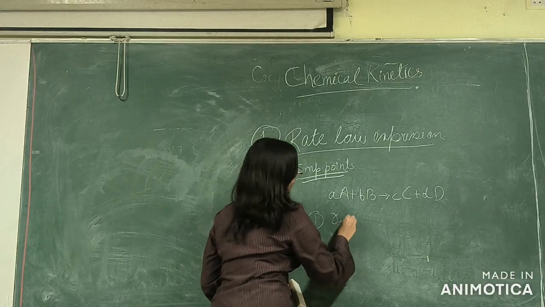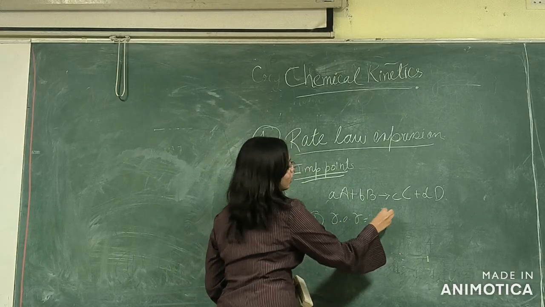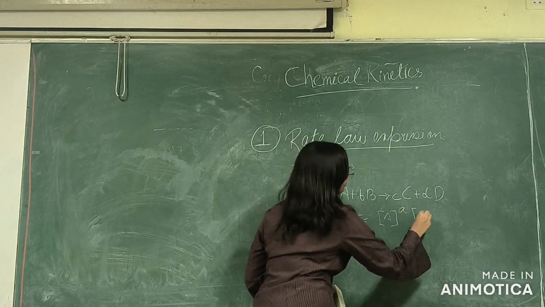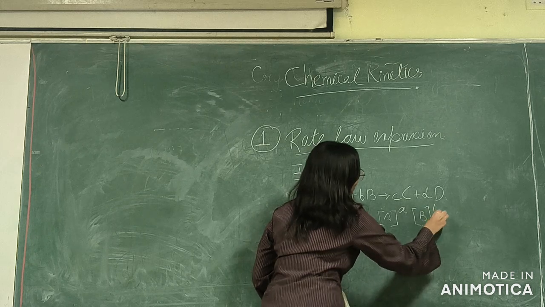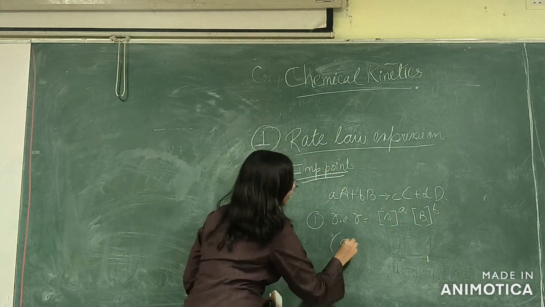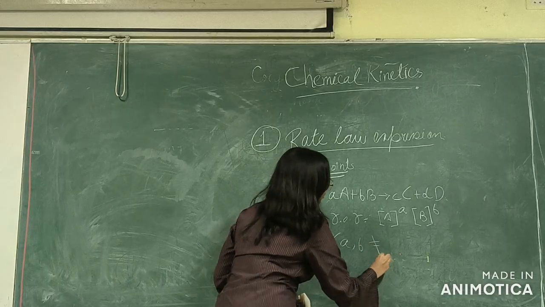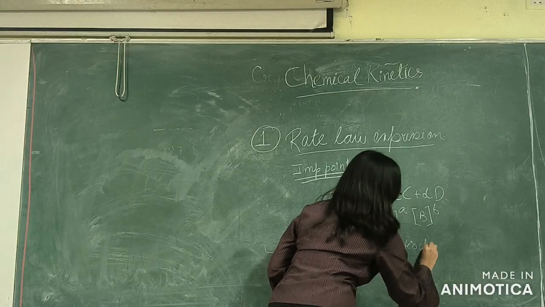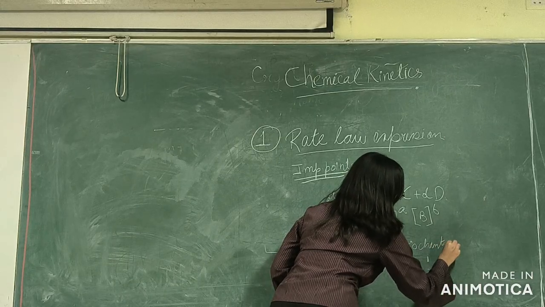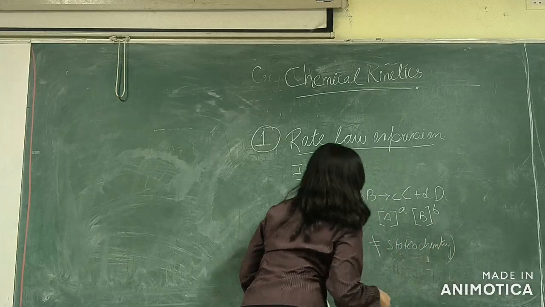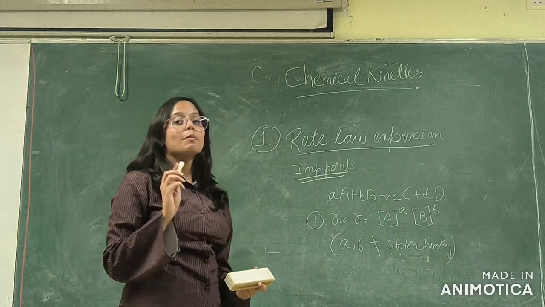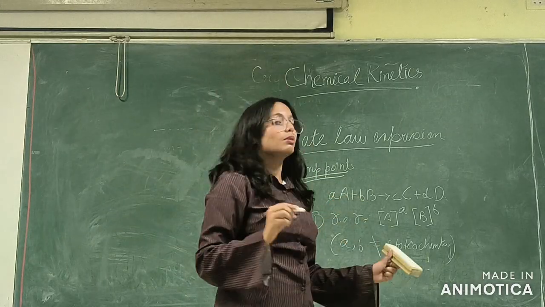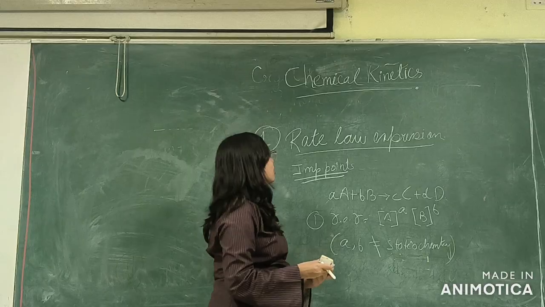Rate of reaction is equal to concentration of reactant to the power a and concentration of another reactant to the power b. And we have to keep in mind that a and b are not the stoichiometry here. But remember, if they ask the law of mass action, not the rate law, then a and b will be the stoichiometry.